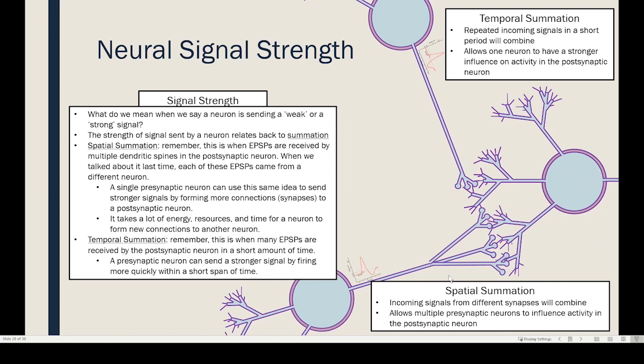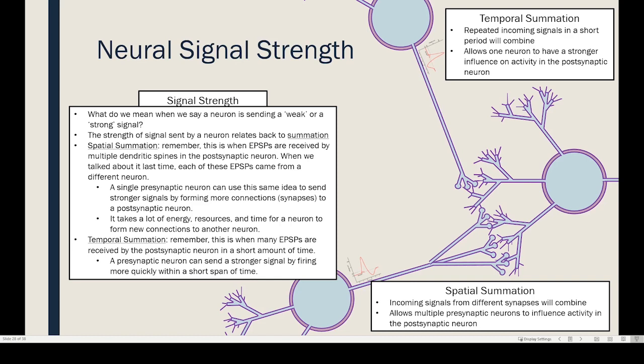So in the idea of spatial summation, remember when we talked about summation before, we talked about it being useful for having multiple neurons talking to one neuron. But in this case, one single neuron can also use spatial summation to send a stronger signal.